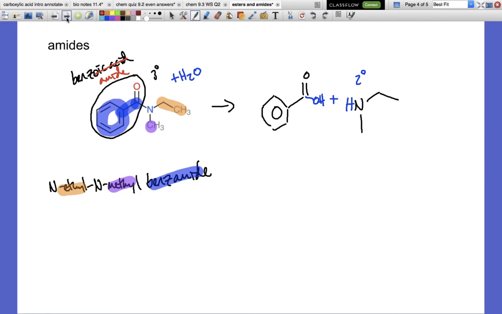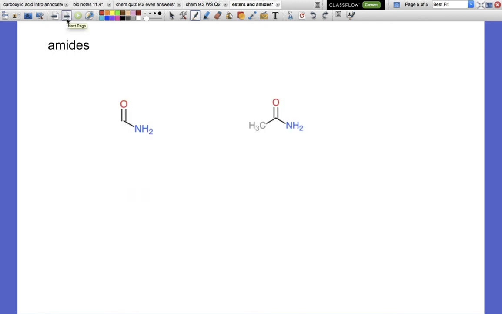So that's from before. Otherwise, the last two little things for amides, just because they kind of have weird names, these smallest amides are usually referred to with their common names. This one would be called a formamide, because this is called a formic acid, right?